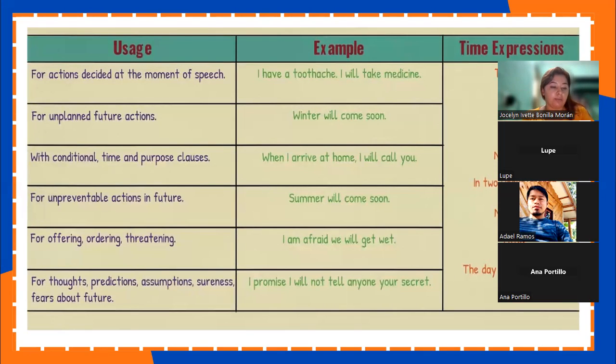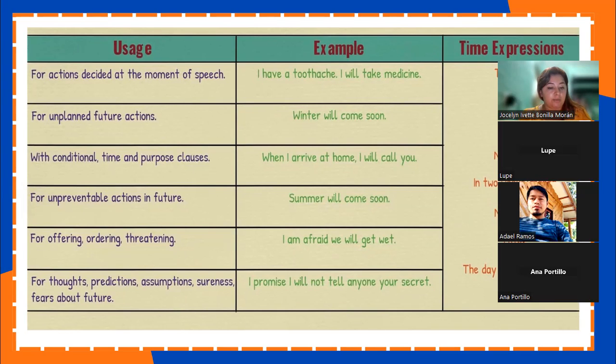So, and we have for unpreventable actions in the future. De igual manera, summer will come soon. El verano va a venir pronto. In the case for offering, ordering, or threatening, I'm afraid we will get wet. En el caso, dice, estoy asustado o me temo que nos vamos a mojar. So it's something that you think.